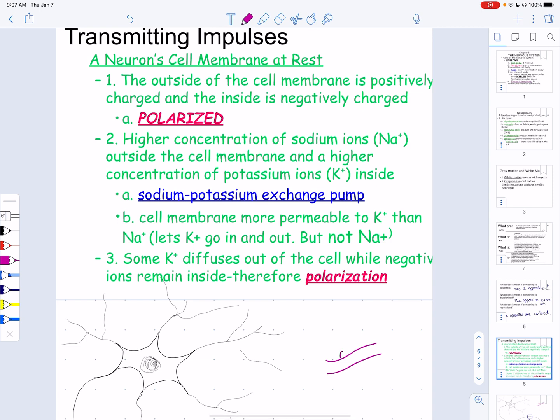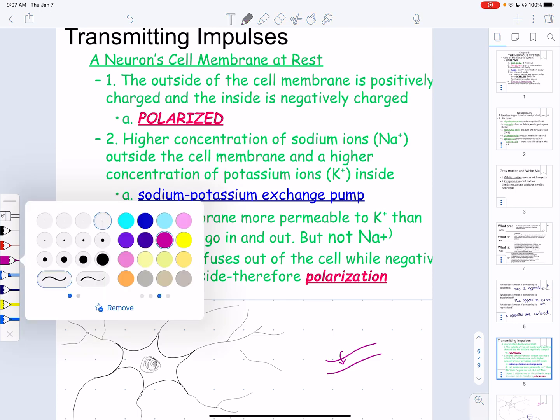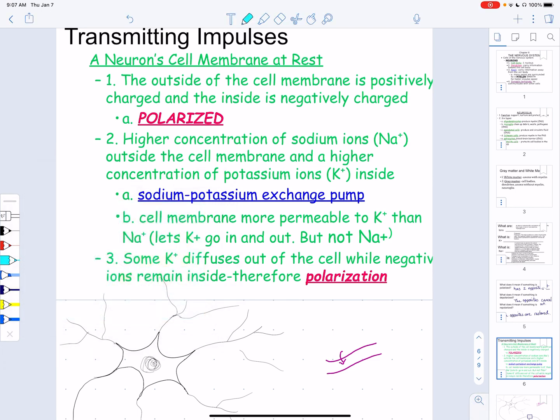So you're going to have a pump that is going to allow things to pump in and things to pump out. And if we're talking about that sodium and that potassium, the sodium-potassium exchange pump is going to move those molecules when it's necessary, all right?